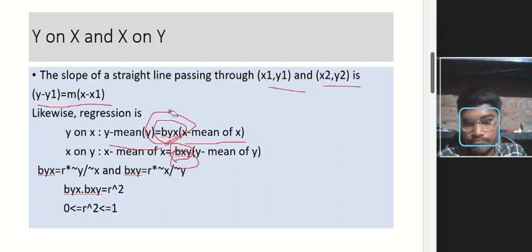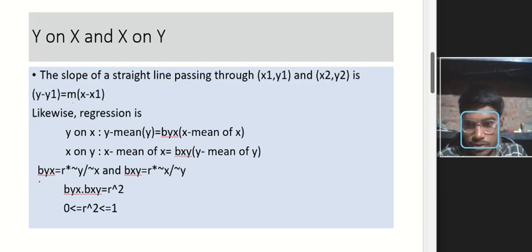So what are these constants byx and bxy? We gather them here. The byx can be obtained as r into sigma y by sigma x, and bxy can be obtained as r into sigma x by sigma y.